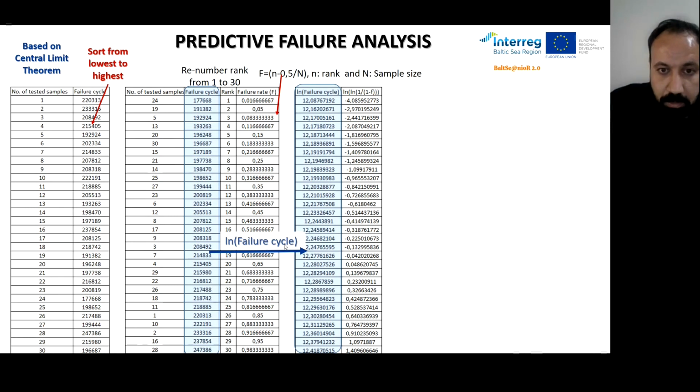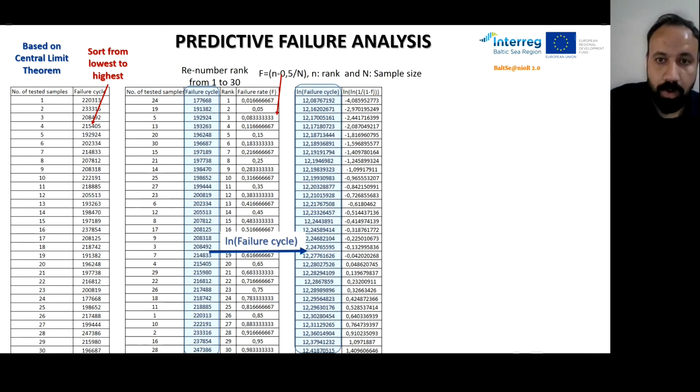If I type the equation here, ln in parentheses and that number, it will give me 12.08 and so on. If I apply the natural log to every failure cycle, I will get that data set here.